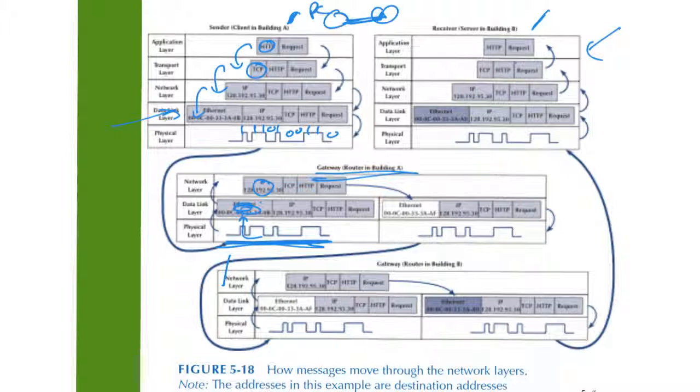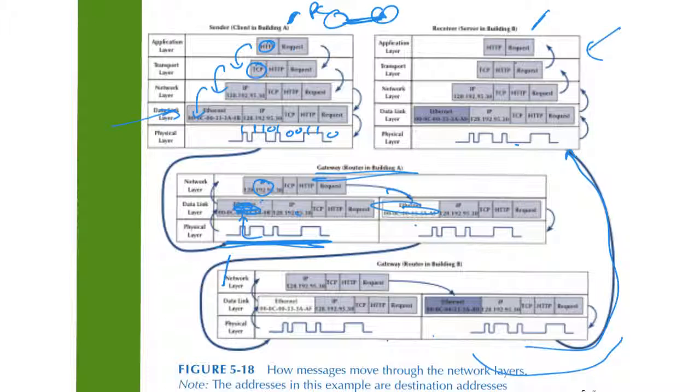So the router will reconstruct the message, change the Ethernet, put it on the line, and so on. The message will go to the second router in building B, or the gateway in building B. The same process gets repeated, and the gateway of building B will send it to the actual client.